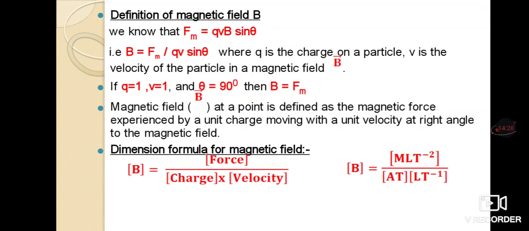Charge is A raised to 1 and T raised to 1. Similarly, velocity is L raised to 1 and T raised to minus 1. When we cancel and divide the terms, we get B is equal to M raised to 1, T raised to minus 2 and A raised to minus 1. So this is the dimension formula for the magnetic field.